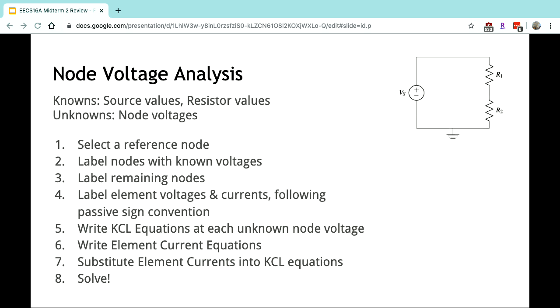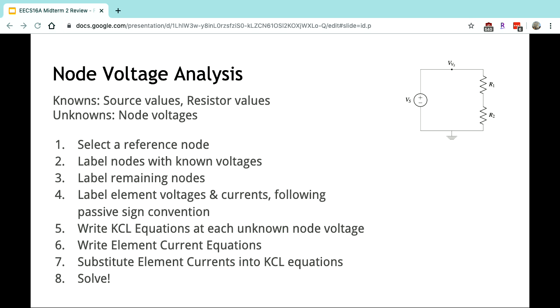The next step is that we want to label all of our nodes with known voltages. In this case, because we have a voltage source, we know that the voltage at the top area is a known voltage, and that's the only one we know. So we can go ahead and label the voltage at that node. Next step is to label the remaining nodes.